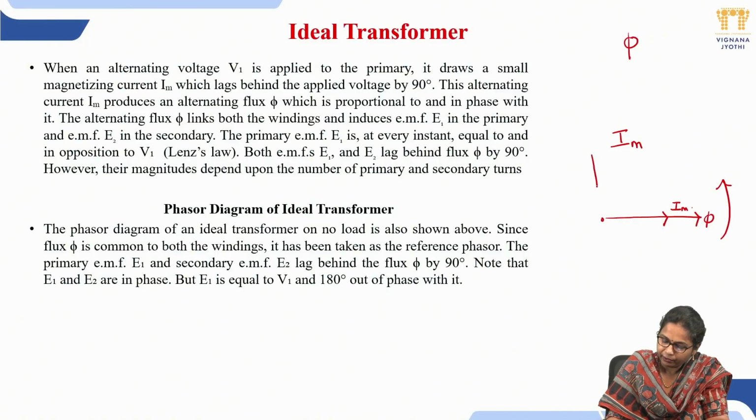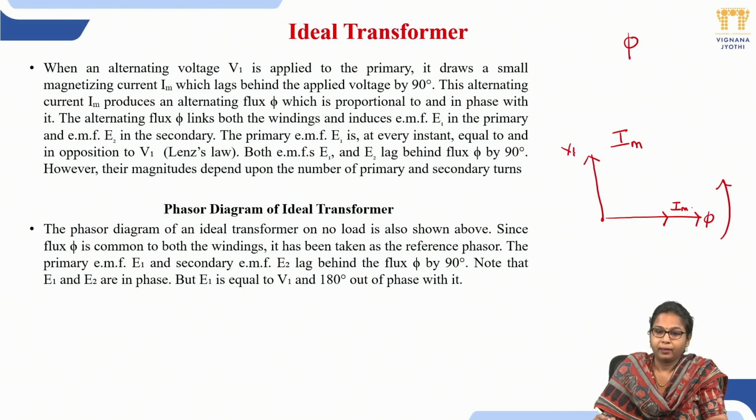So definitely your V1 should be drawn this way. In such a case, the current will be lagging the applied voltage by 90 degrees. This alternating current produces the flux which is proportional to and in phase with it.